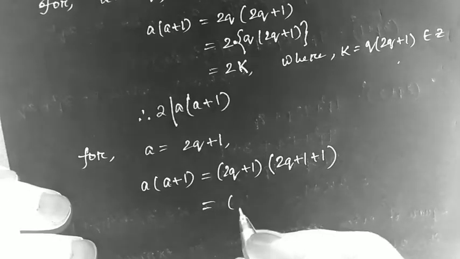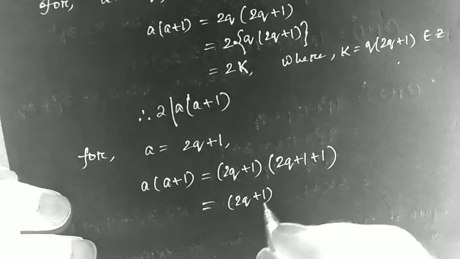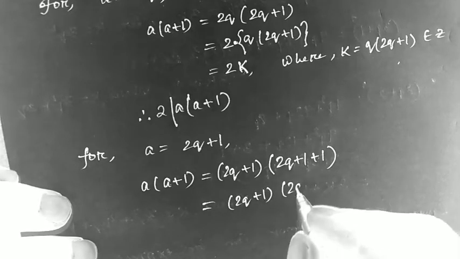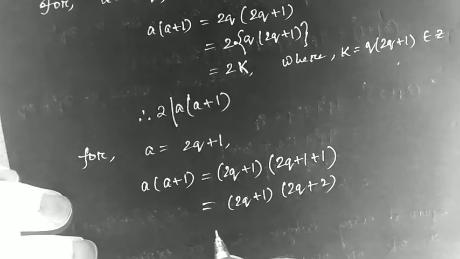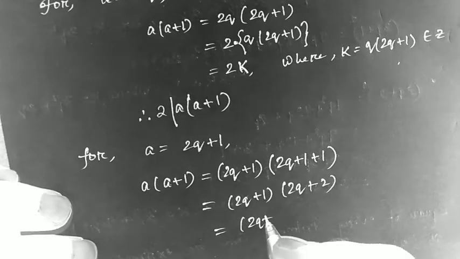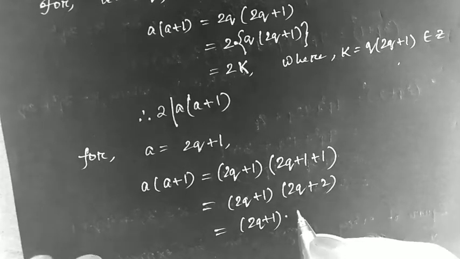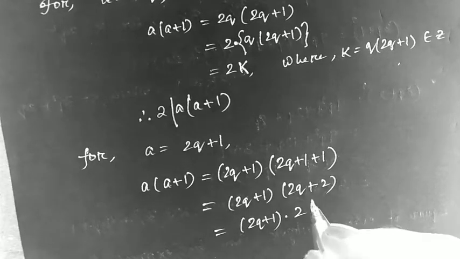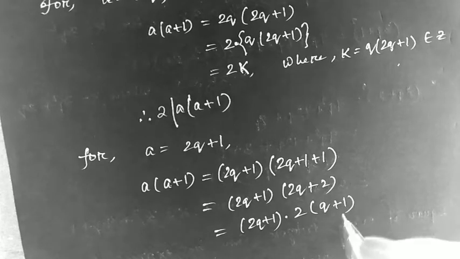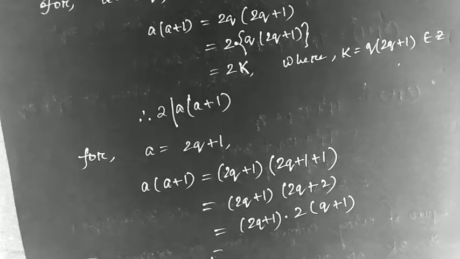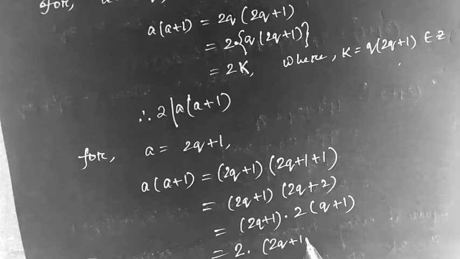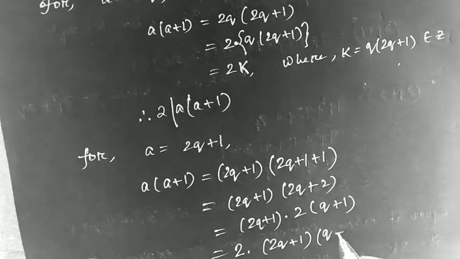Now see, here 2q plus 1 and here 2q plus 2. So 2q plus 1, here 2 is common, so we can write 2 into q plus 1, no? So now see, these 2 we write here, and these things 2q plus 1 into q plus 1, no?